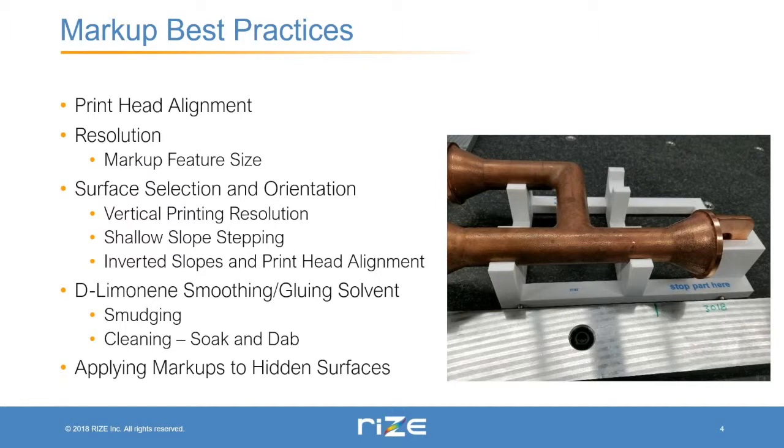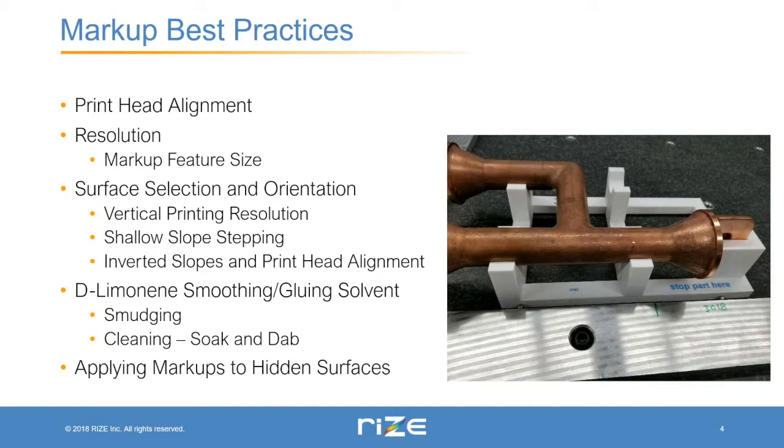Another thing to consider is surface selection and orientation. So this refers to the fact, as I alluded to a moment ago, that depending on the surface that you print a markup onto, you may get different sorts of qualities. So some of the things you'll want to pay attention to are the fact that the vertical resolution of a thermoplastic extrusion printer like Rise is limited by the layer height in the vertical direction at which it's printing.